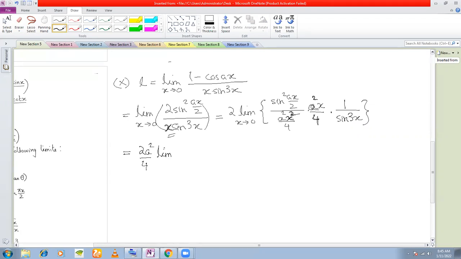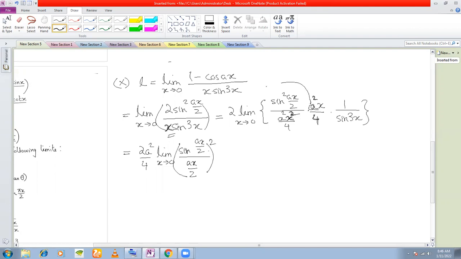Limit x tends to 0, you have sine square ax by 2 divided by, let me write this as, sine ax by 2 divided by ax by 2, whole square. Let me write it this way, right?